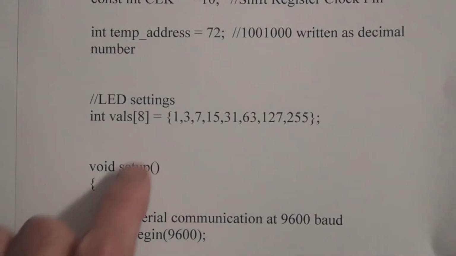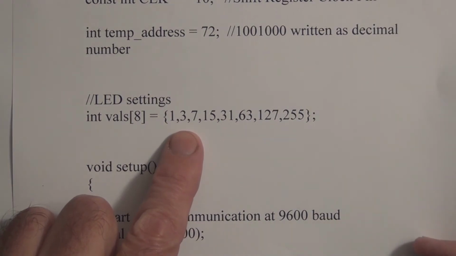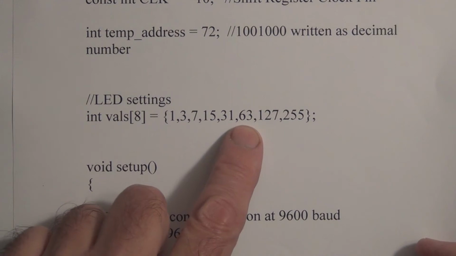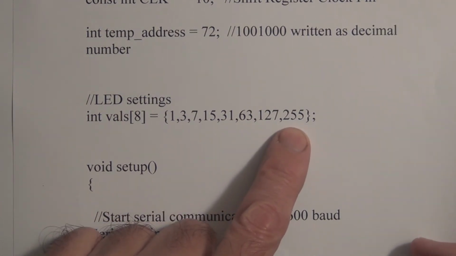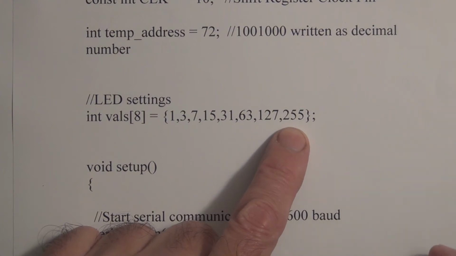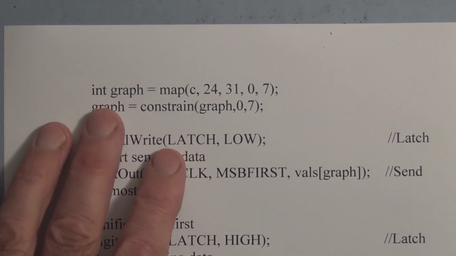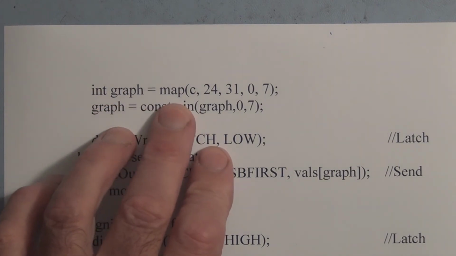So remember, we have this array with 8 elements, and depending on which one of these decimal numbers we shift into the register will give us that progression on the LED bar graph as the temperature increases. So we have this map function here.